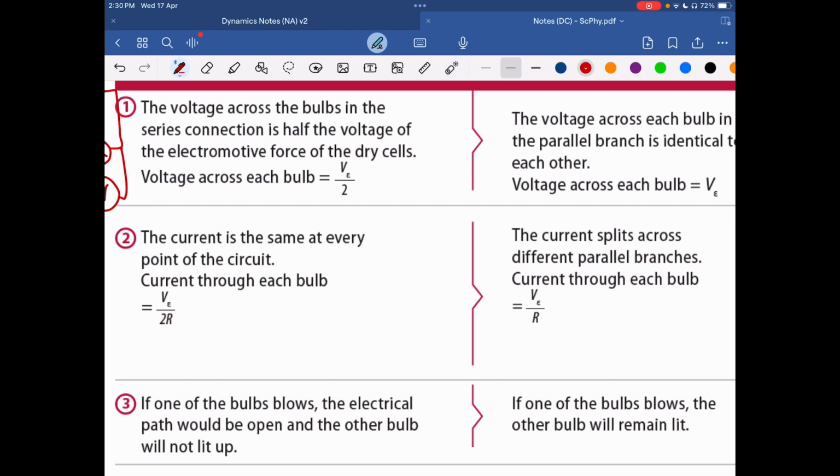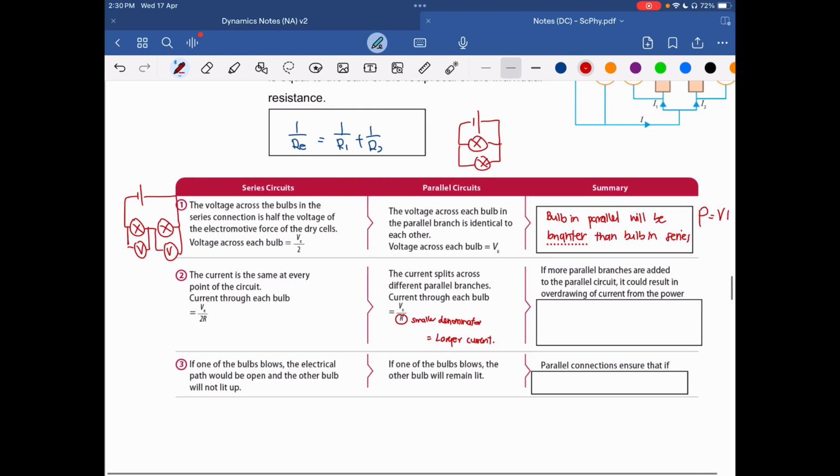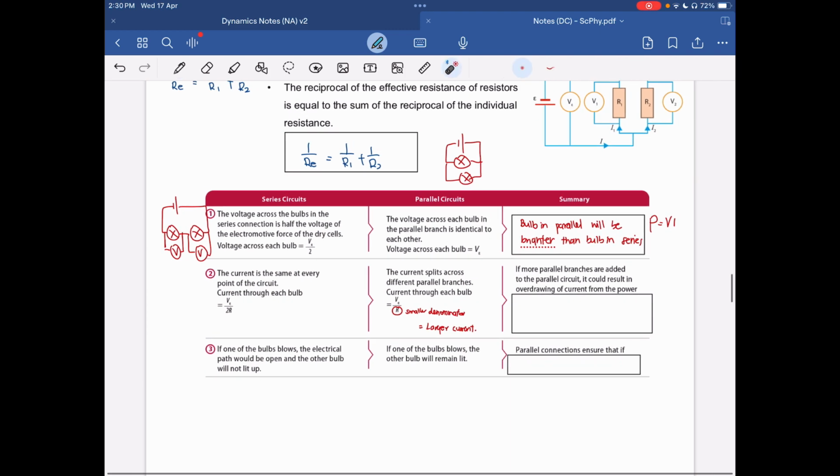What this means is that a smaller denominator equals a larger current value. Okay, that's why the bulbs in parallel will be much brighter.